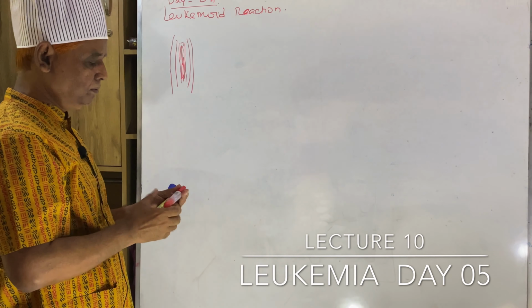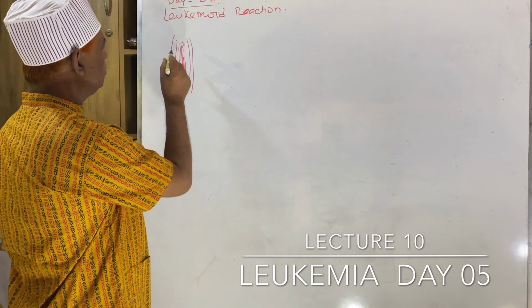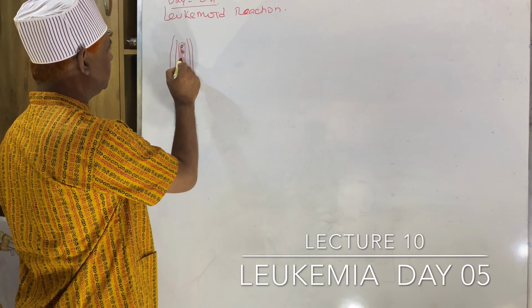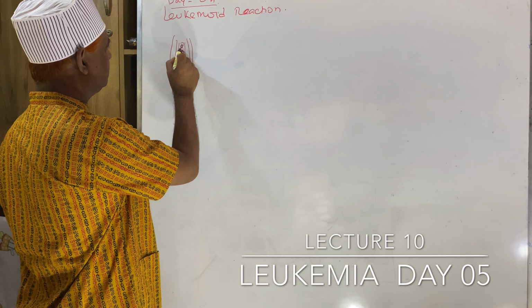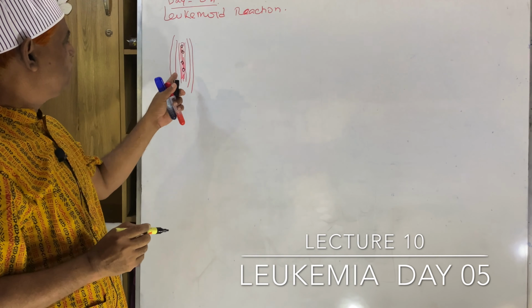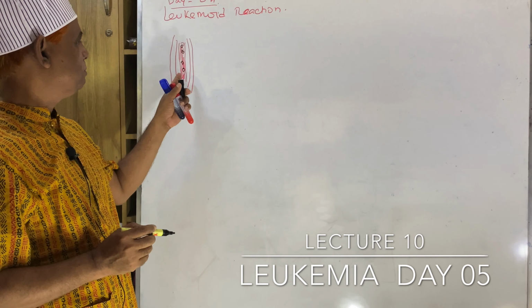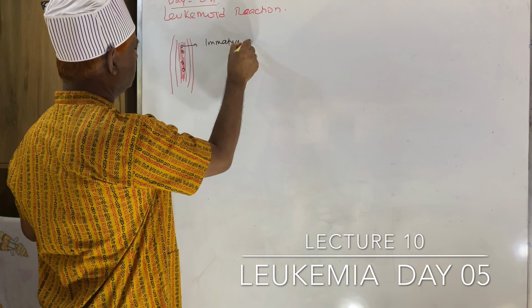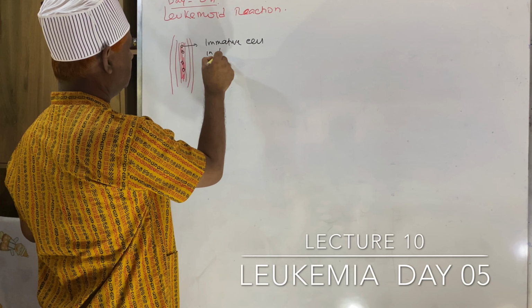By definition, within the bone marrow there are hematopoietic stem cells. Neoplastic proliferation of these hematopoietic stem cells, that is cancer of these stem cells, and there is appearance of immature cells in blood.